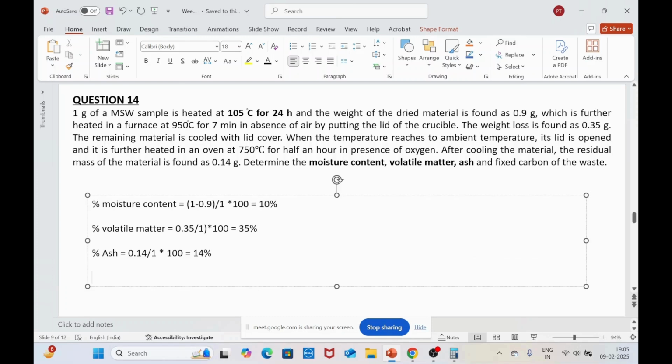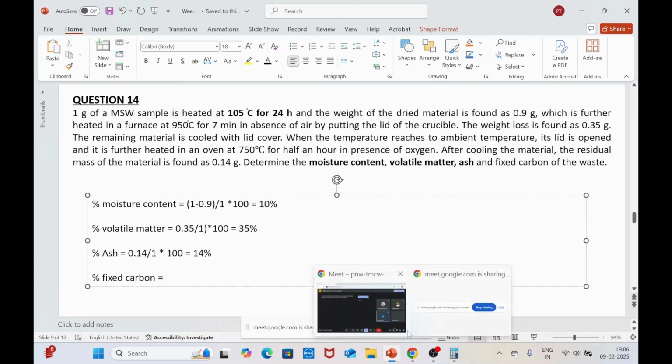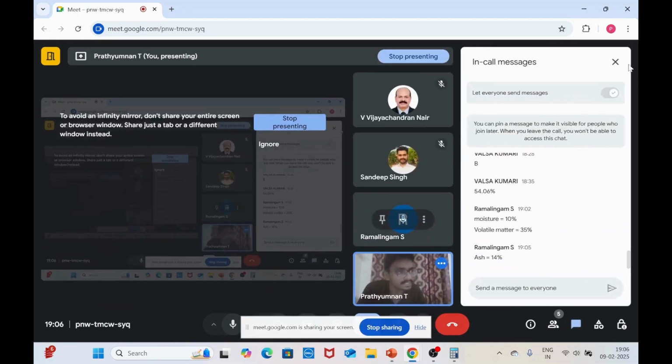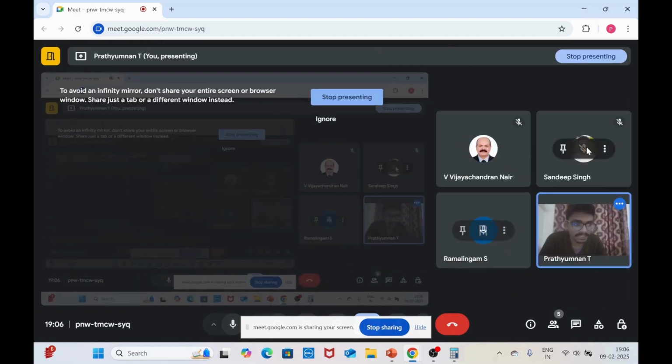And the final thing is your percentage of fixed carbon. Now how will you evaluate the percentage of fixed carbon? You know three values, you need to calculate the fourth value, but it's not direct. Yes, percentage of ash is 14 percentage.